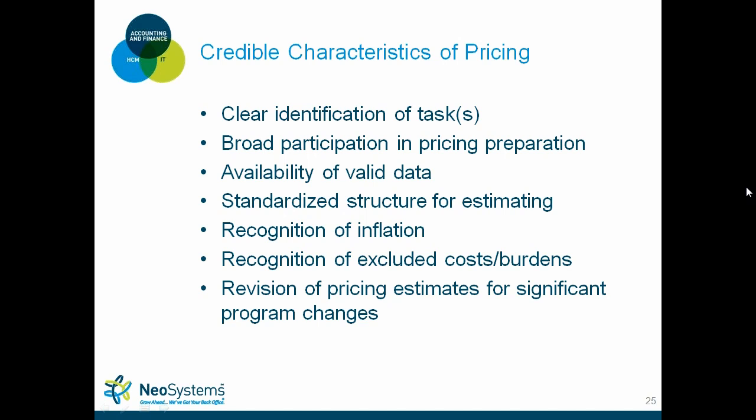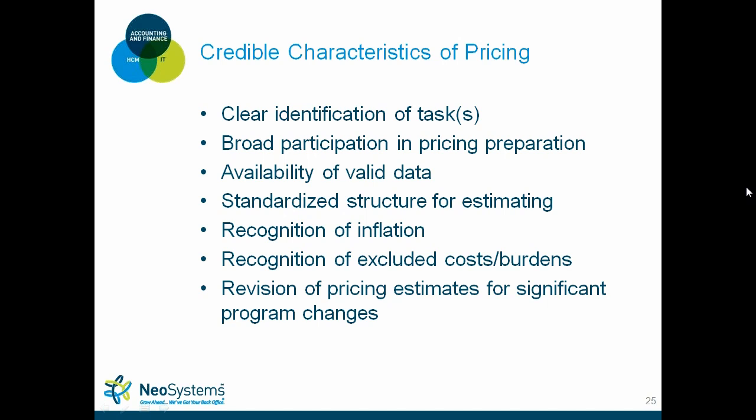Having the valid data available, and we'll get into primary sources for data and secondary sources for data. Have a standardized structure for estimating. If you use a budgeting tool, whether it's a spreadsheet or another application, try to standardize that for all your pricing on the RFPs. Recognize inflation. When you bid base year plus option years, make sure that you have an escalation factor in there, whether it's 2% to 3.5%, whatever you feel comfortable with.